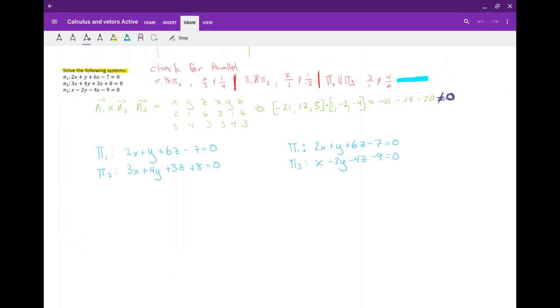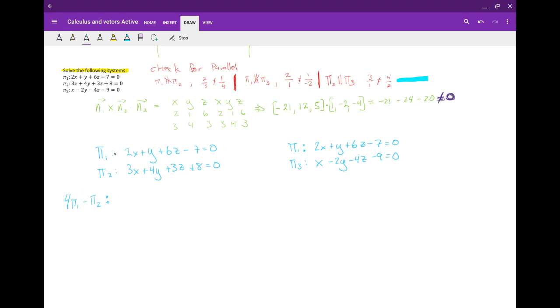Okay, so in order to eliminate y in this equation, I have to take this whole equation and multiply it by 4, and then subtract from it this equation. So basically, I'm taking 4 times plane 1, and I'm subtracting plane 2.